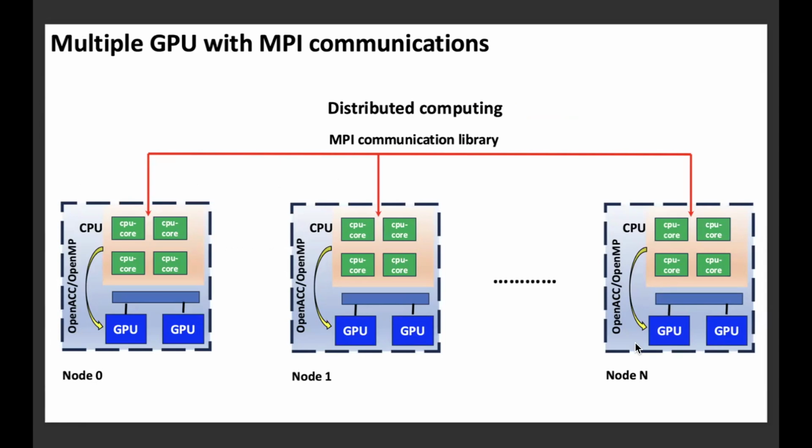That's the case for a cluster or a supercomputer, such that on each node you have some CPUs and you have GPUs. And the idea is how to implement multiple GPUs to be able to utilize the whole capacity of a system.